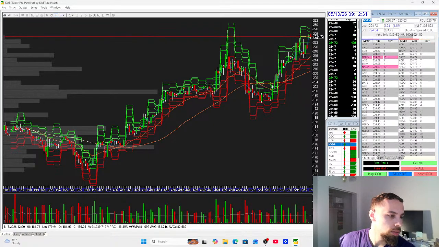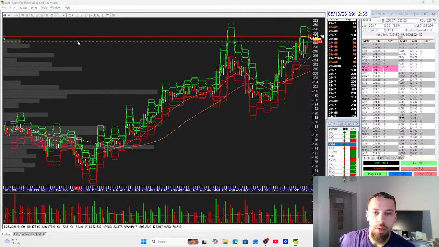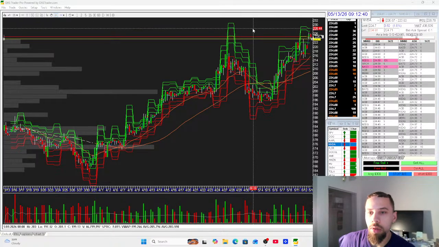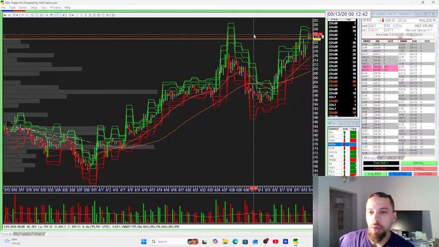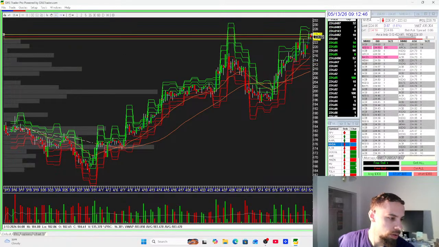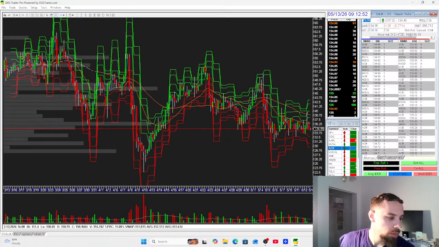Nvidia gapped up. See if it can hold up there. Nvidia is definitely in play.